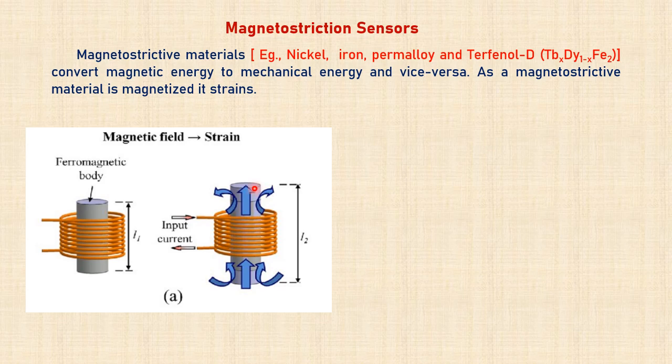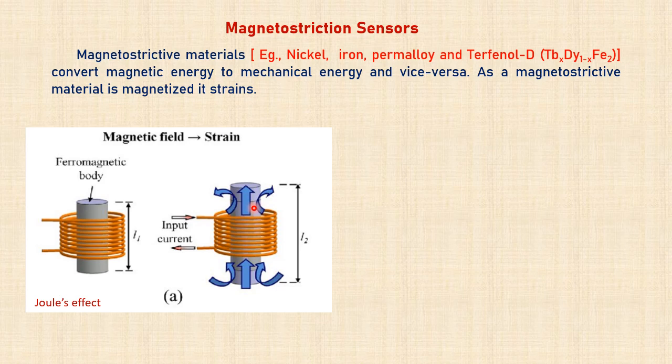Now we observe a change in the length of that particular rod. So whenever a ferromagnetic rod is subjected to a magnetic field, there is a strain caused in it. This very effect is called Joule's effect or the magnetostrictive effect.